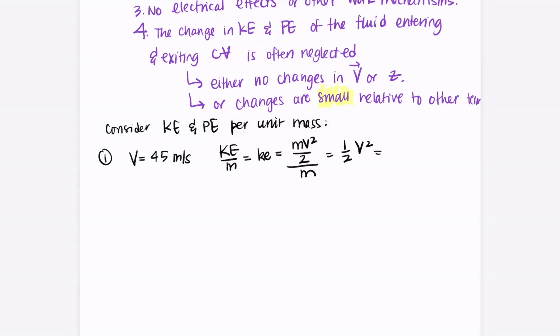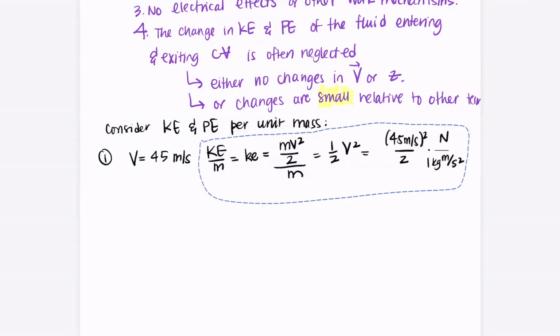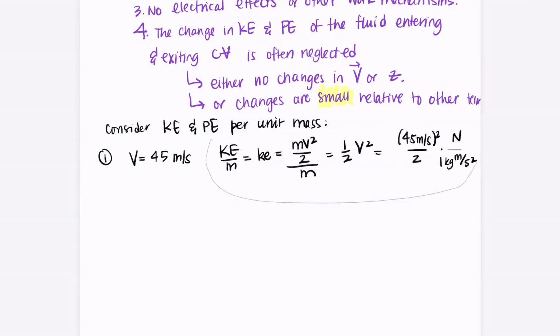So we have 45 meters per second squared divided by 2, times some unit conversion: 1 kilogram meter per second squared is a Newton, and then 1 Newton times meter is a joule.